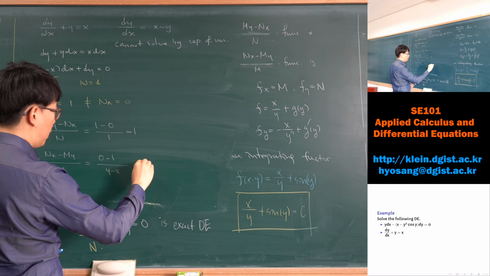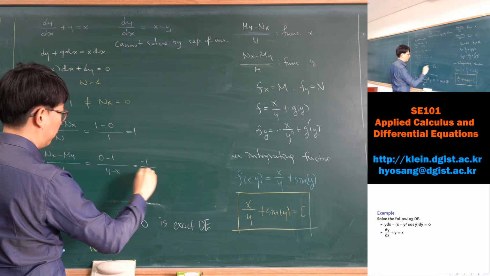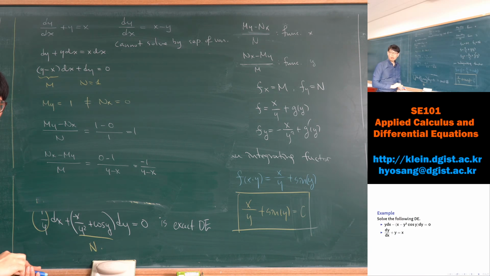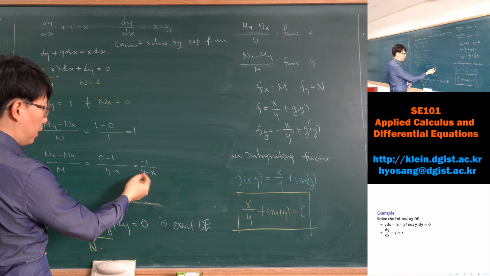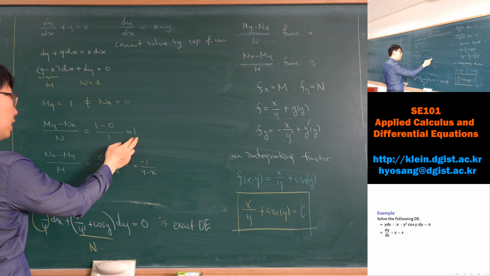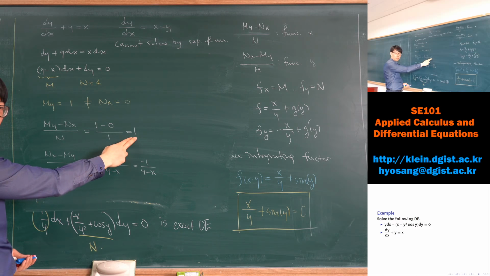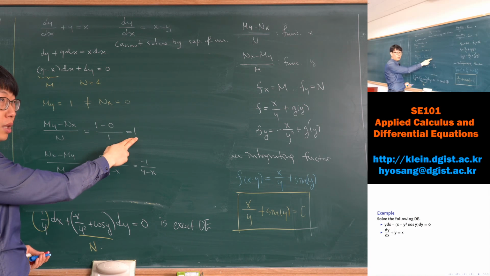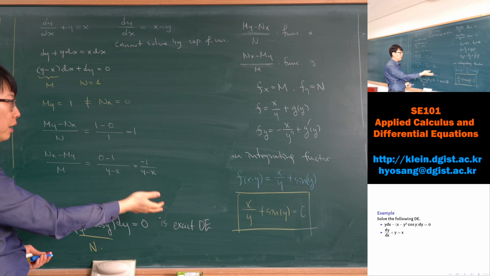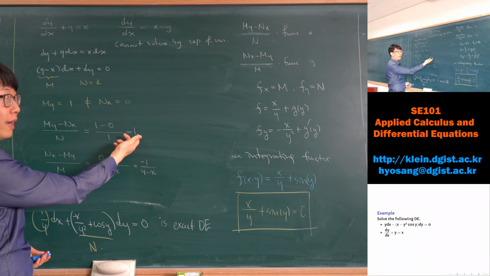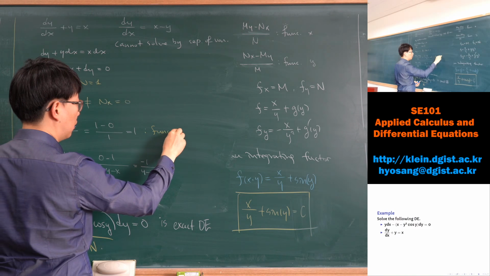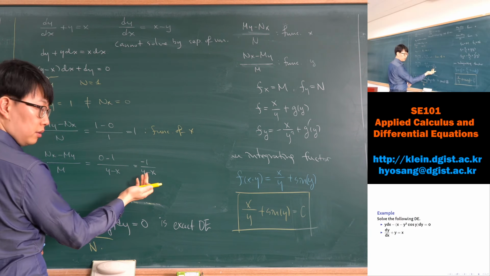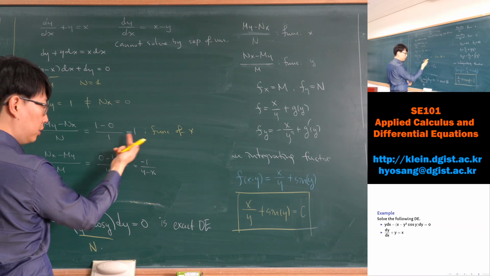So you get minus 1 over (y minus x). You see already this is not a function of y because you have both x and y, right? However, how about this one? You have a constant. A constant function can be either a function of x or a function of y. So you can just consider this a function of x. This one doesn't work, so you can use the first one.